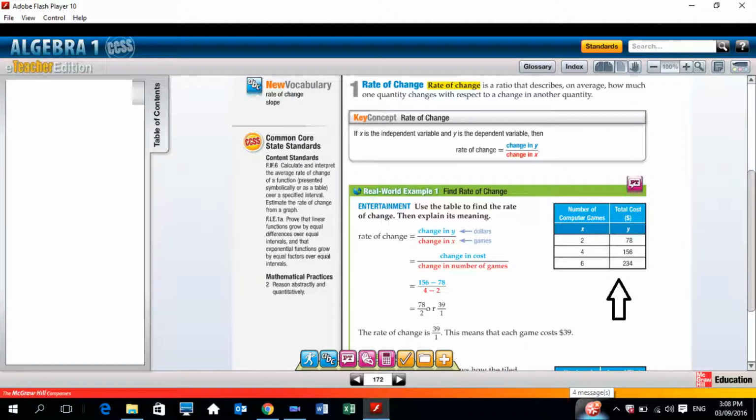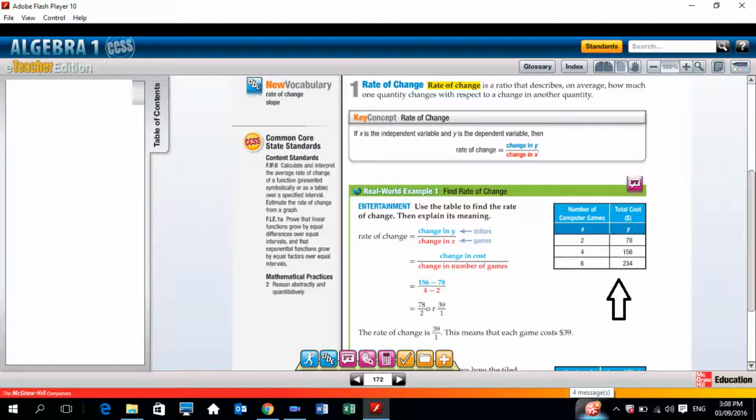Now, why do we put the change of y before the change of x, or why do we put it in the upper part? It's because the definition says that if x is the independent variable and y is the dependent, we usually put the y values in the upper part of the ratio and the x values in the lower part, okay?